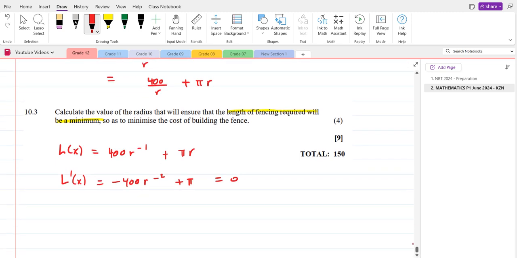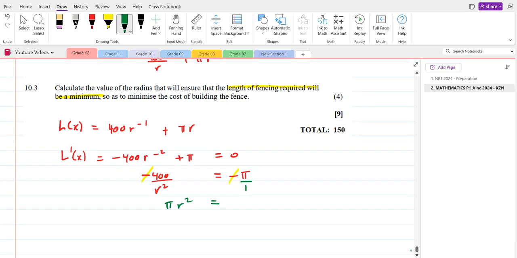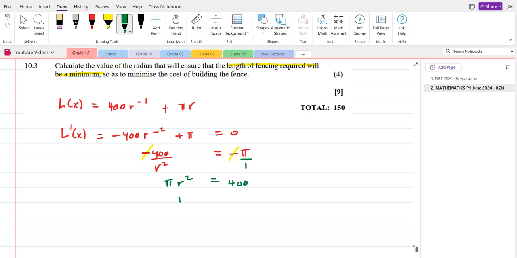So now what we have is negative 400 over r squared is equal to negative pi. That's what we have so far. So we're going to cross multiply on both sides and take out the negative, obviously. If you cross multiply, you get pi times r squared is equal to 400, so r squared is equal to 400 over pi.